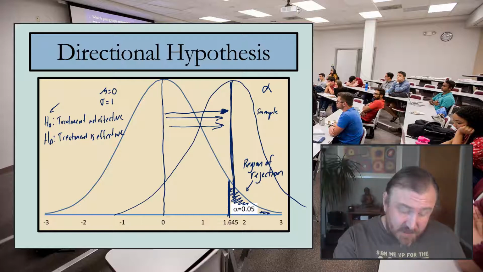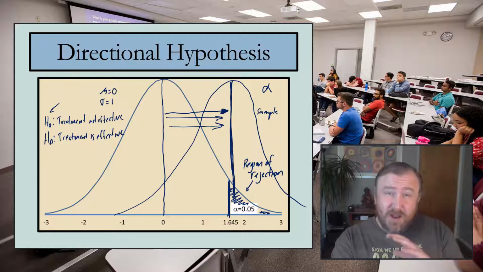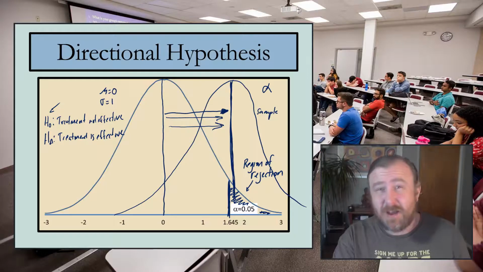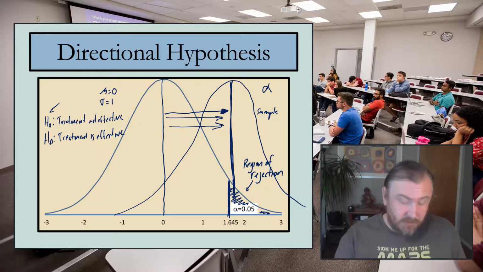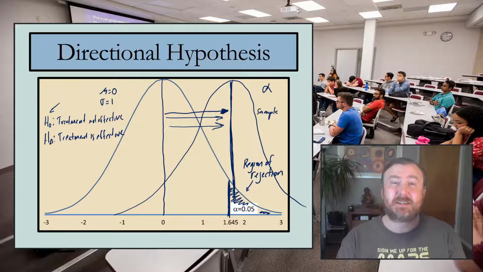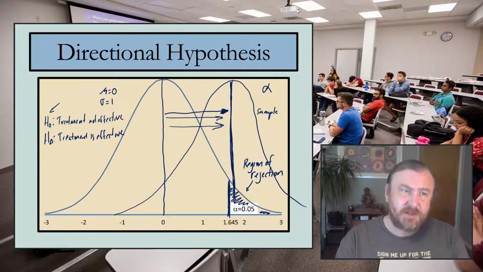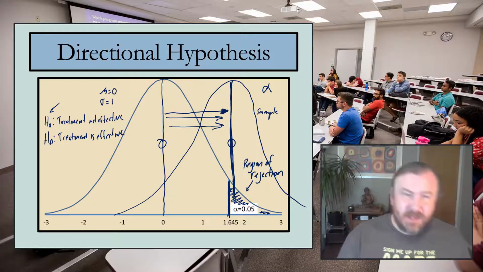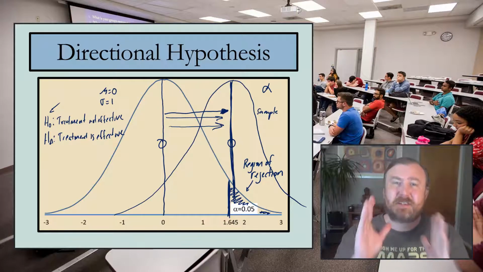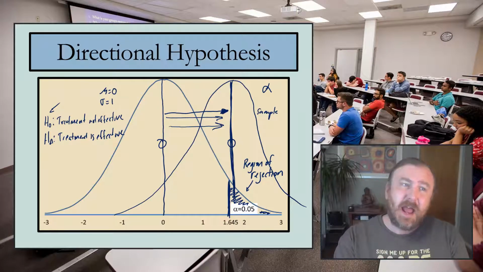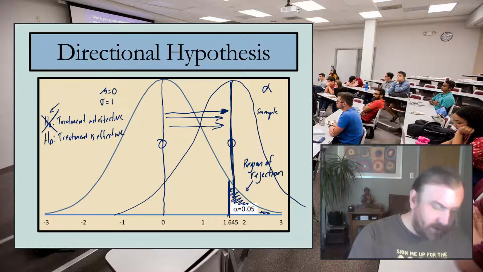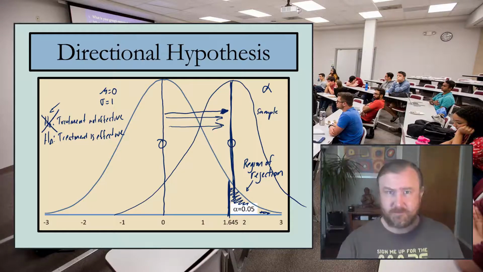And if our mean is so different that you would not get this by chance less than 5% of the time, we say, oh, this is statistically significant. The difference between this mean and this mean is so big that it's statistically significant. And then what we do is we say we reject the null in favor of the alternative.